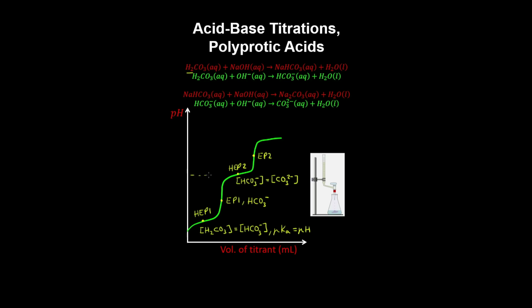And similarly, at this point we can determine the acid dissociation constant by reading the pH. So we'll call this 1 and 2. And at the equivalence point, all the acid has been consumed, and we're left with the carbonate ion being the conjugate base.